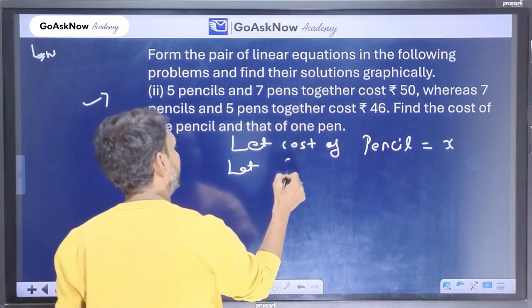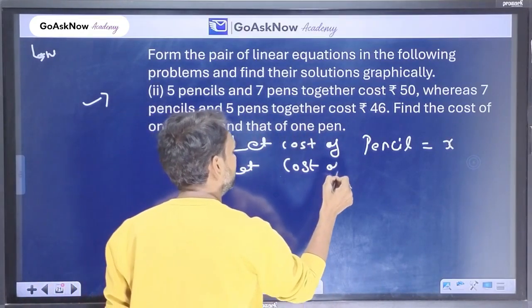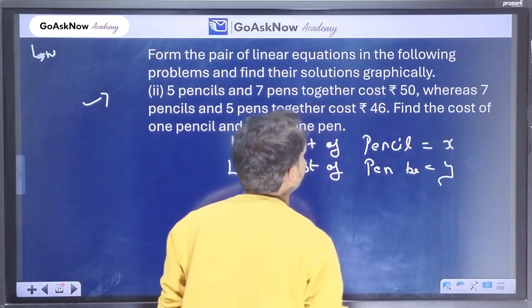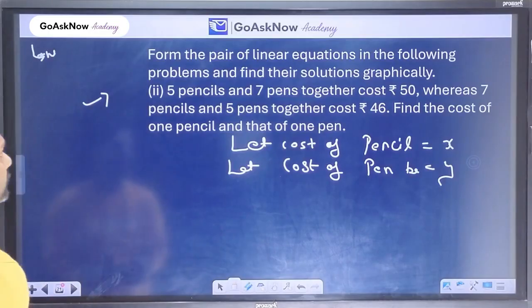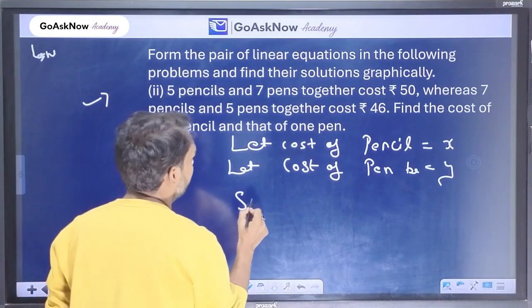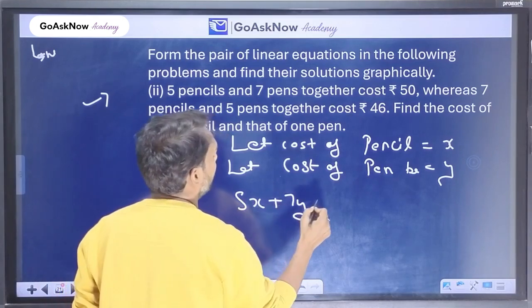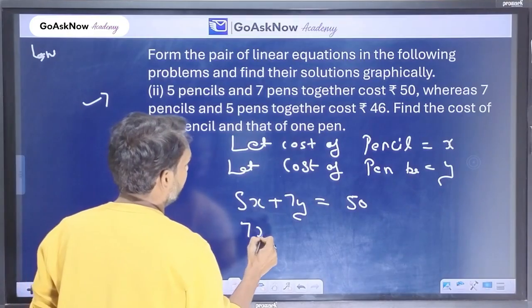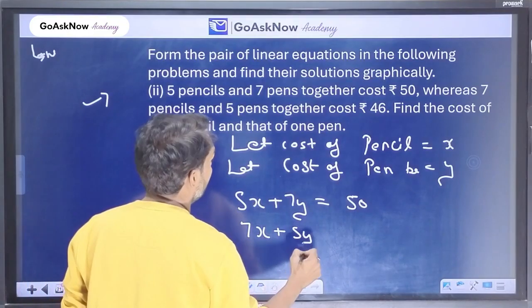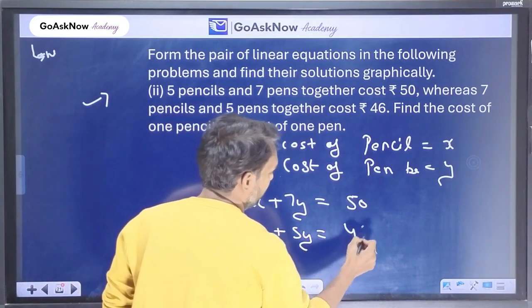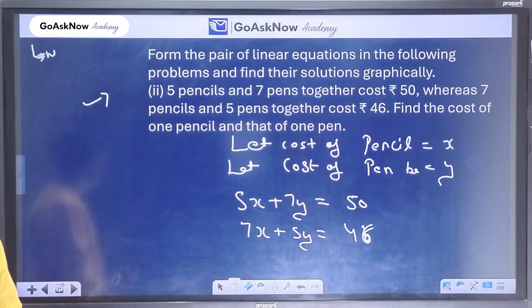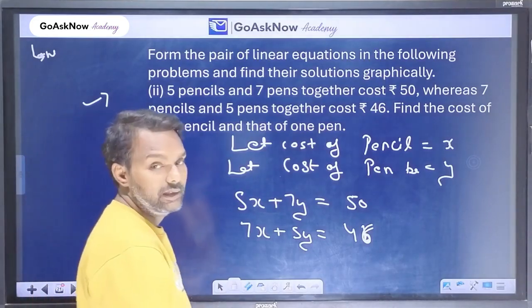Let the cost of a pen be y. Then it's given that 5 pencils and 7 pens together cost 50 rupees, whereas 7 pencils and 5 pens cost 46 rupees. So this is the required equation and you will solve it graphically in your notebook.